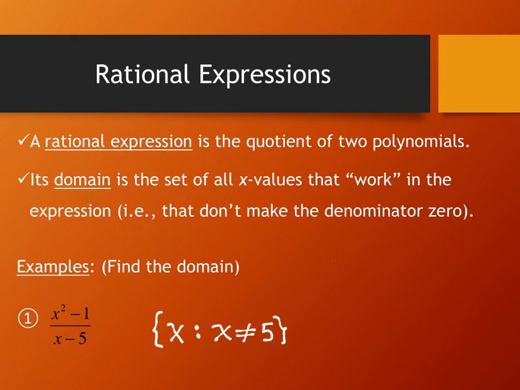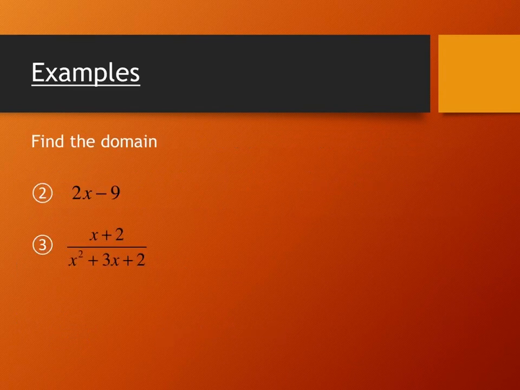Let's take a look at the second one. First thing to take note of is it doesn't really look like a quotient, does it? It doesn't. It looks just like a polynomial, a binomial in particular from our last section, right? That's what it looks like. But what if I did this?